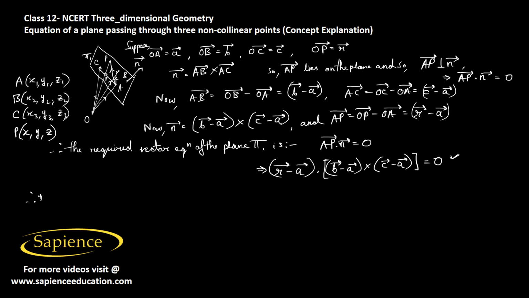So now R vector minus A vector will be equal to OP vector minus OA vector. So that will be x minus x1 i cap plus y minus y1 j cap plus z minus z1 k cap.